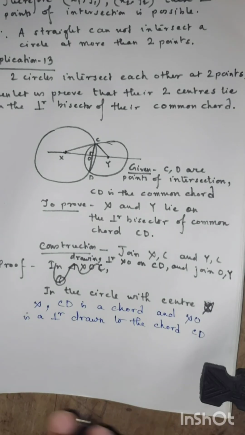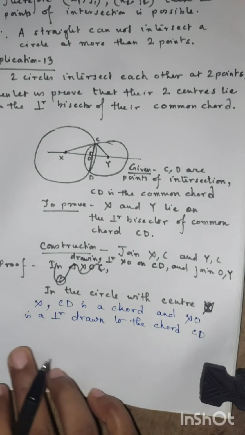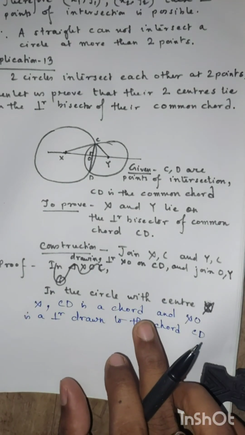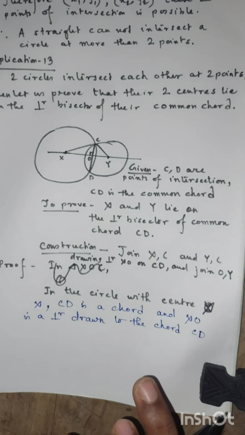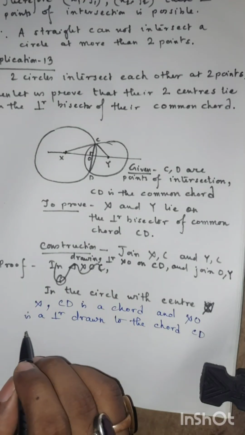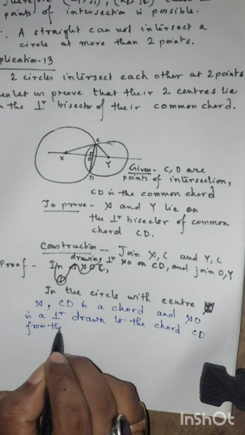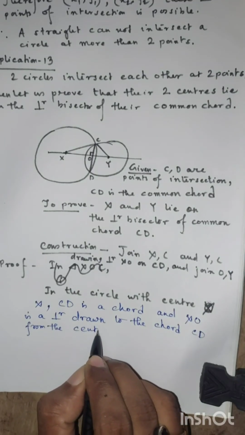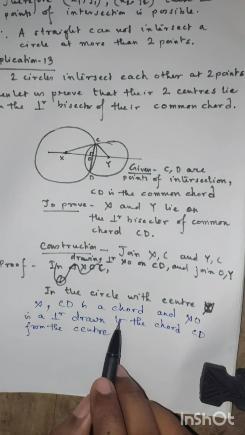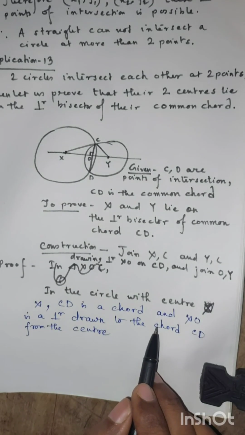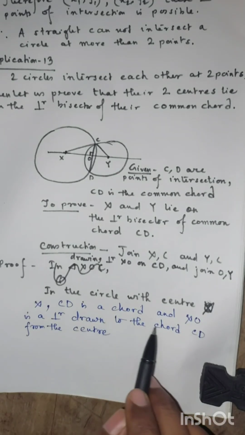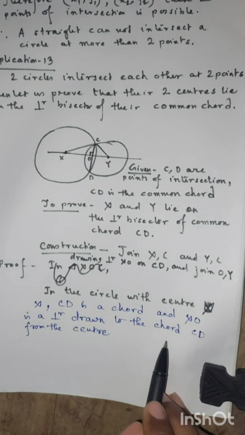I hope it is clearly visible. CD is a chord and XO is a perpendicular drawn to the chord from the center.